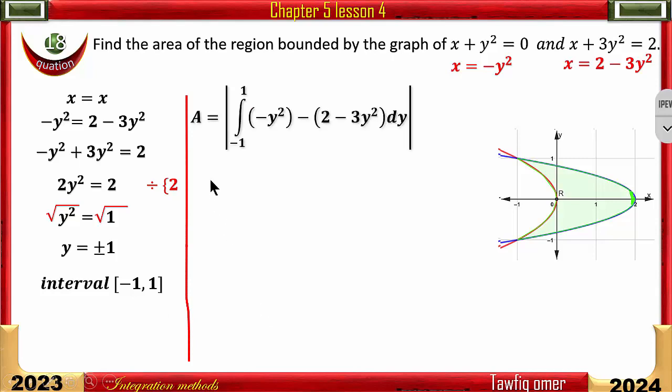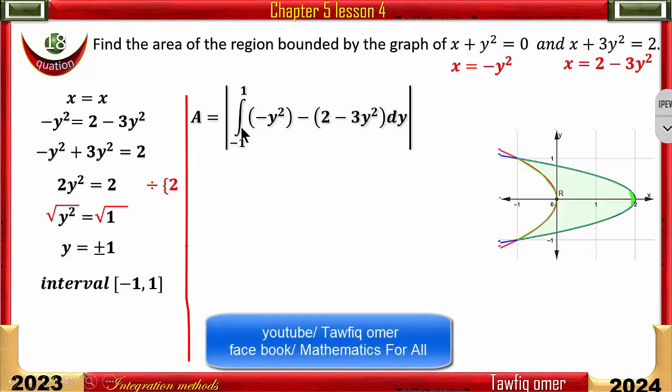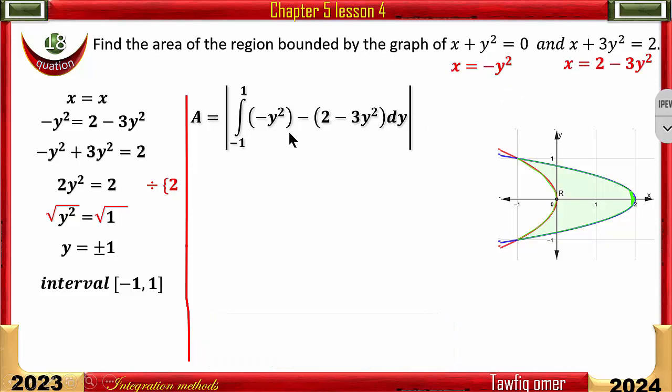Then the area between these two graphs is equal absolute value of integration from minus 1 to 1. The first equation is x is equal minus y squared. That means minus y squared minus, and the second one is 2 minus 3y squared dy.